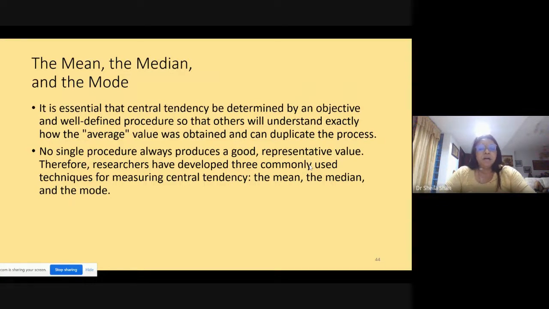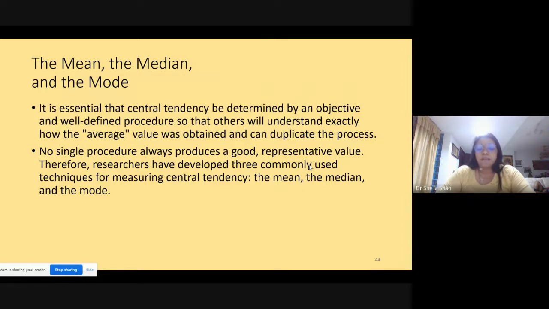So here, it is important for central tendency to be determined by an objective. Whatever test or statistic that you do depends on your research question. No single procedure always produces a good or representative value.